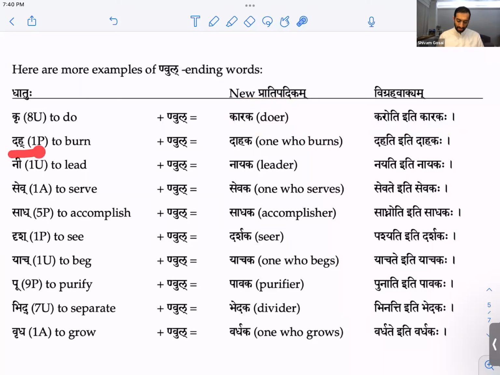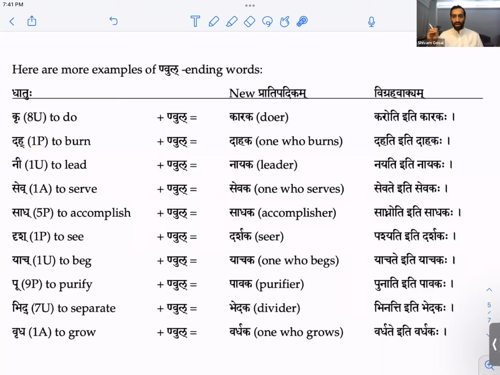Okay, so same here, dah means to burn, right? Dahati. Now, when I add nvul, again, this dah can take vriddhi, and becomes dha.